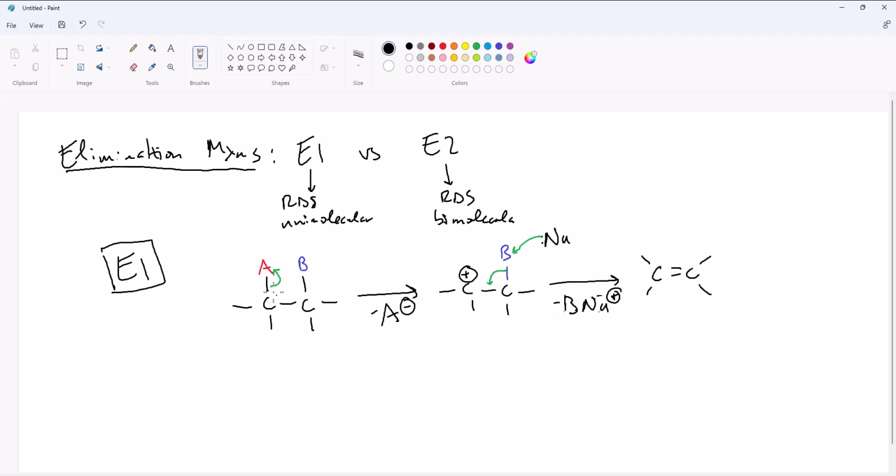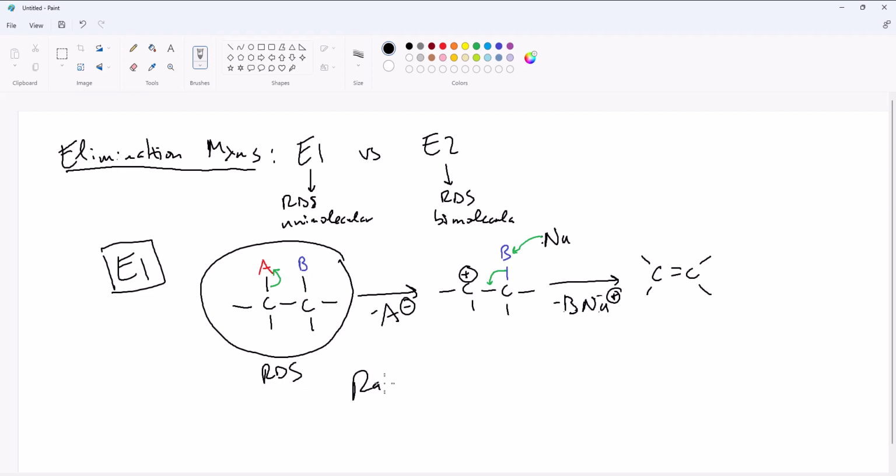So overall, in the mechanism, we have the loss of the A, the loss of the leaving group, and then we have the nucleophile attacking B and pushing the electrons in the C-B sigma bond into the C-C area to make a C-C double bond. What we see is that the first step, just like in the SN1 mechanism, is the rate determining step.